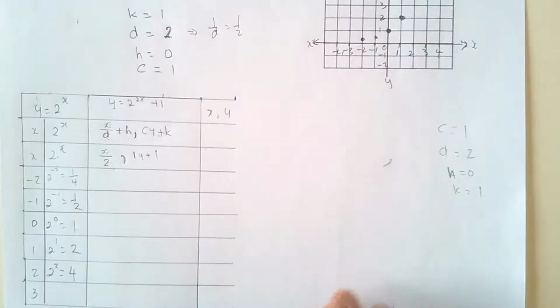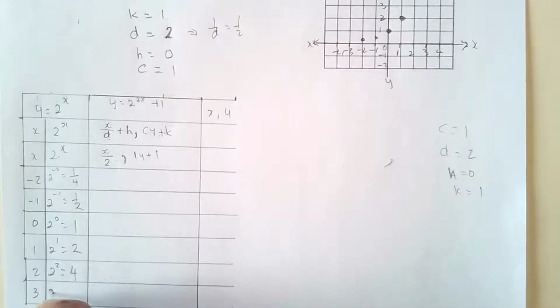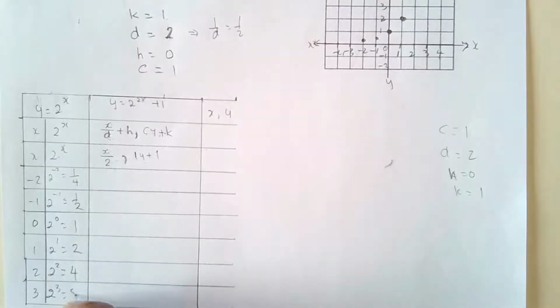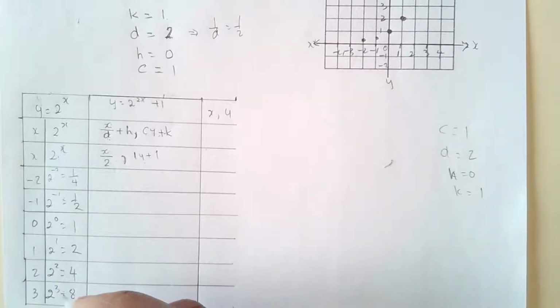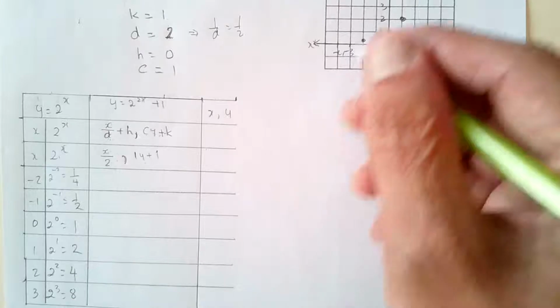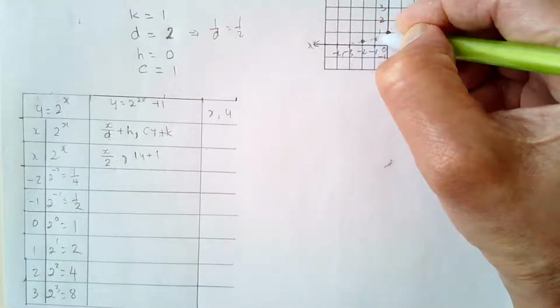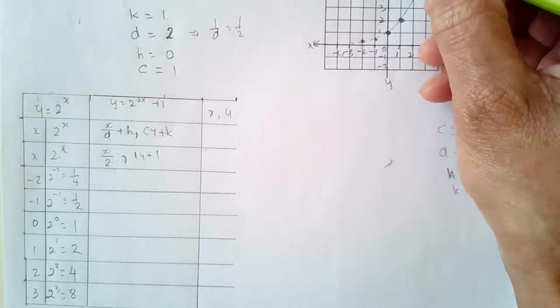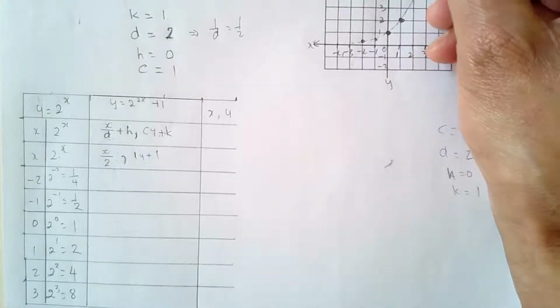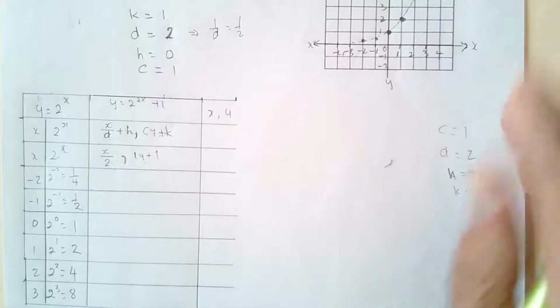Oh, I have one more here, 3. 2 to the power 3 is equal to 8, because you're doubling, so 8 would be up here. So this would be my sketch for the graph y is equal to 2 to the power x.